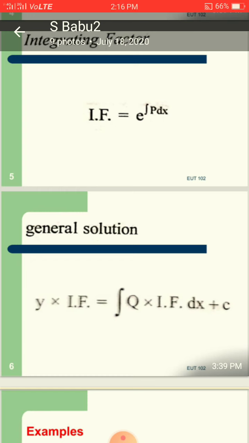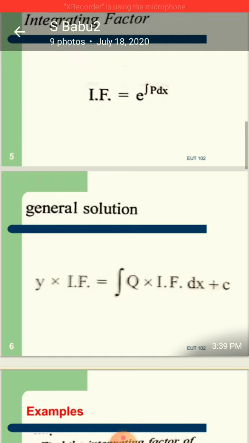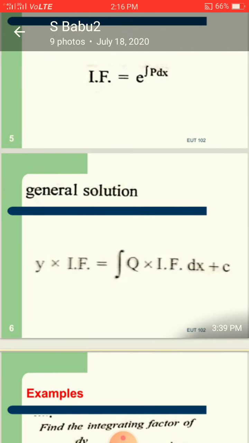So like this we find the integrating factor. After having the integrating factor, now we write the general solution. The general solution is y into integrating factor is equal to integration of capital Q into integrating factor with respect to x plus c. This is the general solution of a linear differential equation.